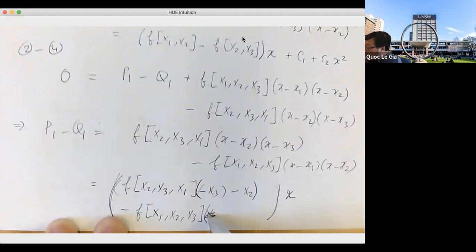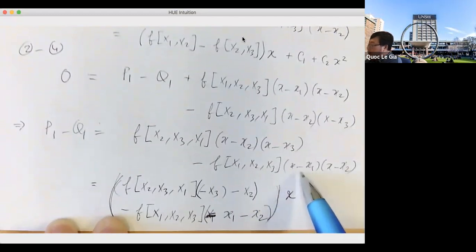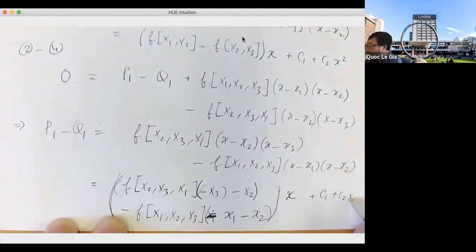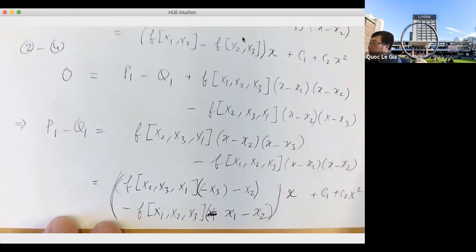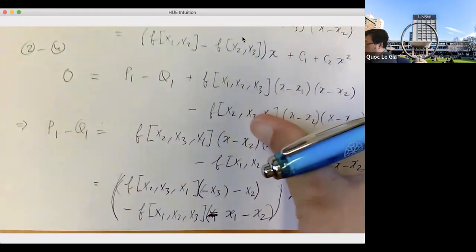So minus x1 minus x2, because we have a big minus outside already. So plus some constant and some constant x2. Yeah. Okay, you agree, yeah?